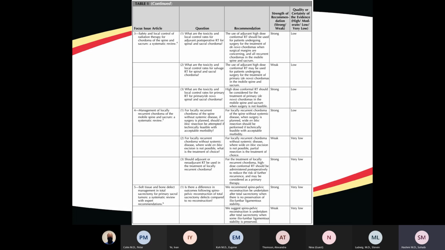However, the overall recommendation for use of high dose radiation is not extremely strong when the local control rates are low with surgery. So if there is incomplete resection, radiation may be used. However, the success rate is probably a little bit unknown.